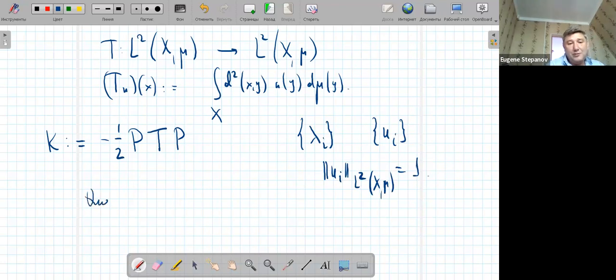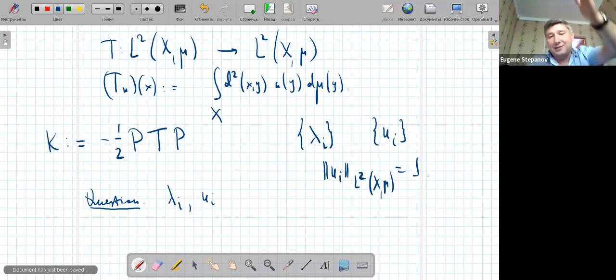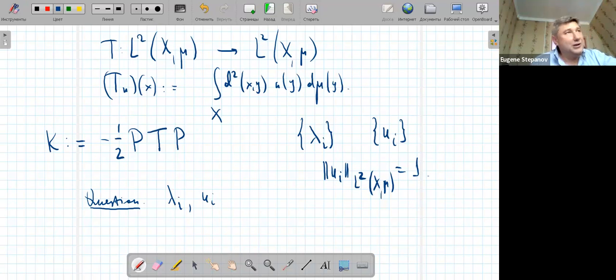And now an abstract question. Suppose you just know this operator, like saying you know lambda_i and u_i. Somebody has done this job for you and found lambda_i and u_i. You also know that u_i are continuous functions on your space.